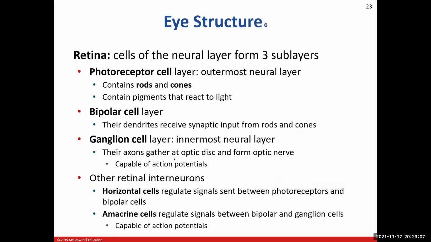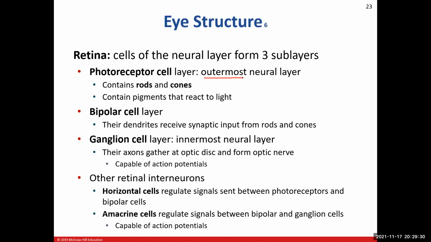So when we're looking at the retina, we are going to see 3 layers inside the neural layer of the retina. The first layer is the photoreceptor layer. That's the outermost layer. Then we have the bipolar layer, and it's named after the shape of the cell.